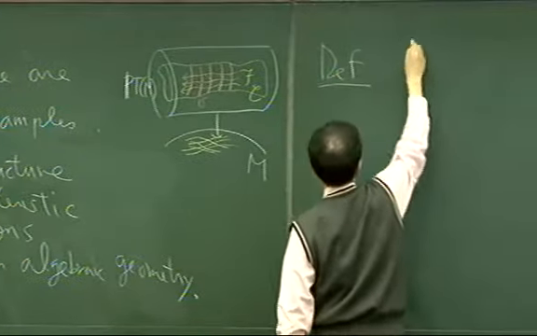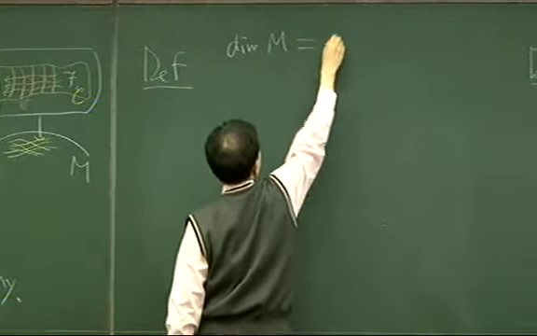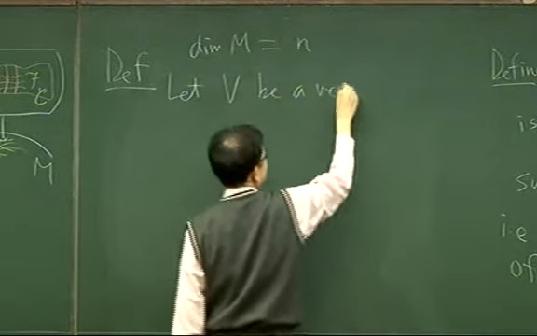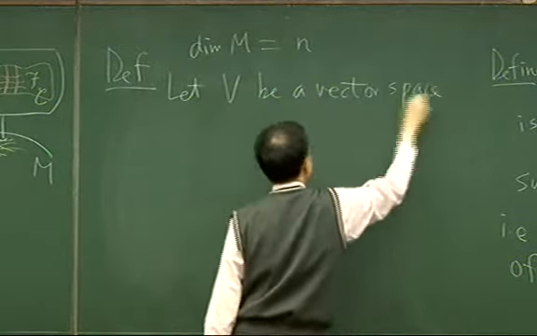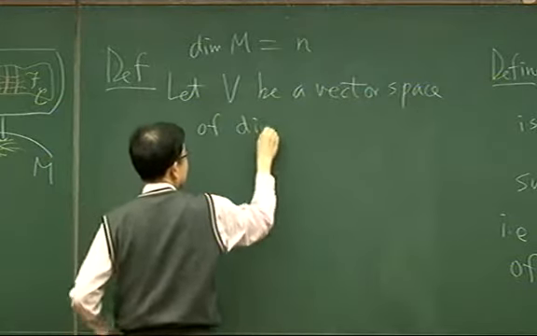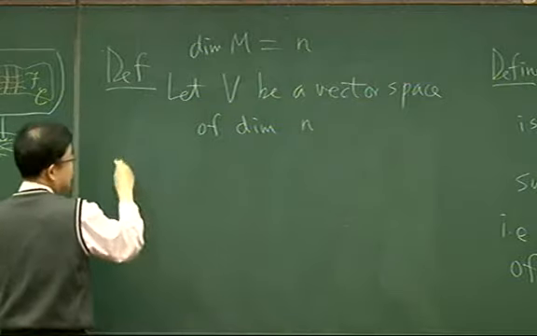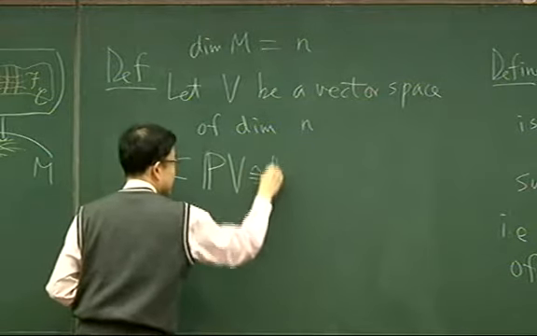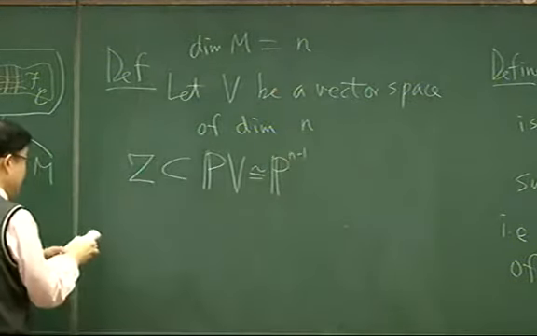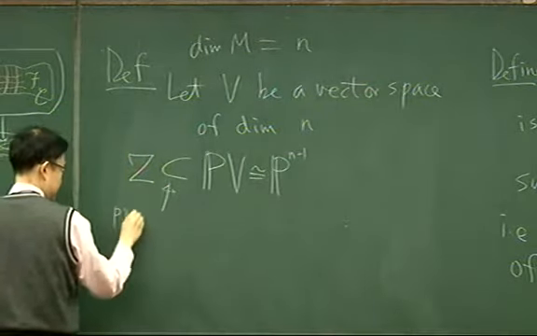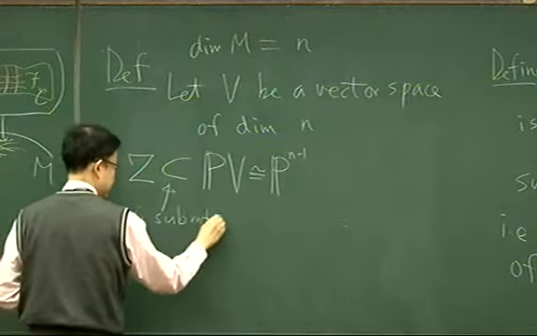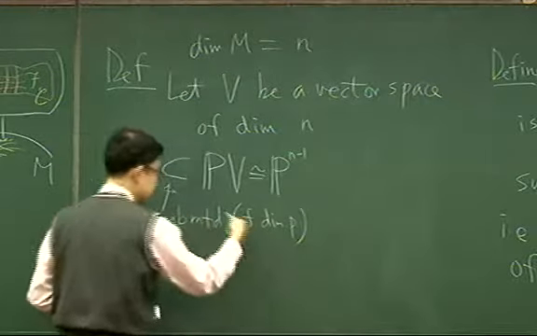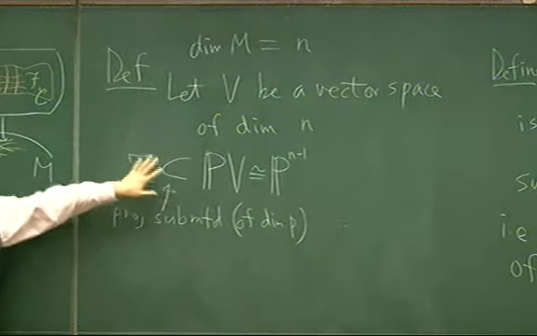So let our complex manifold have dimension n, and let V be a vector space. You pick a submanifold Z from the projective space P of V. So this is a projective submanifold. Let's pick a submanifold here.